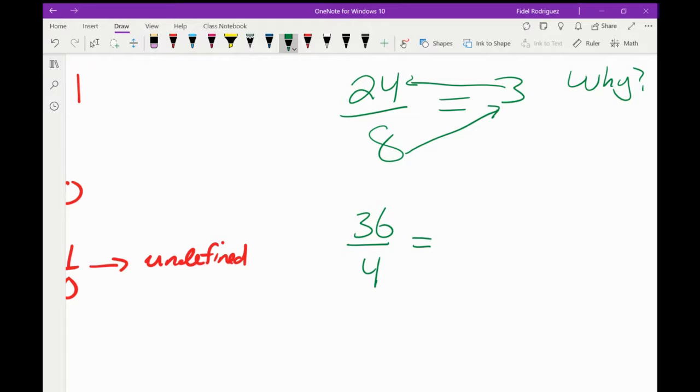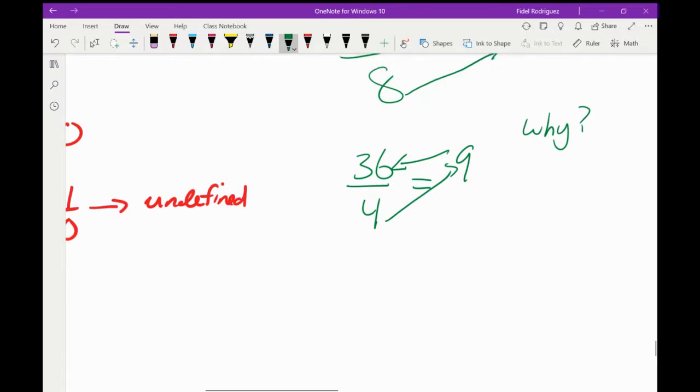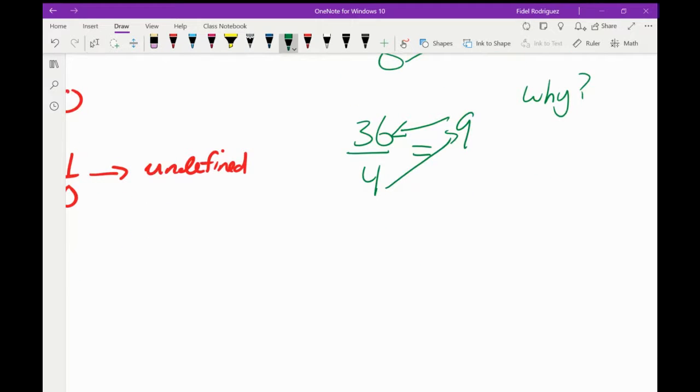Anybody know what the answer would be? 9, right? And if I asked why, you would say, well, 4 times 9 is going to give me 36, right? Now, if I asked you, what is 0 divided by 7, we would say 0, right? Now I would say, why? Well, 7 times 0 is going to give me 0, right?